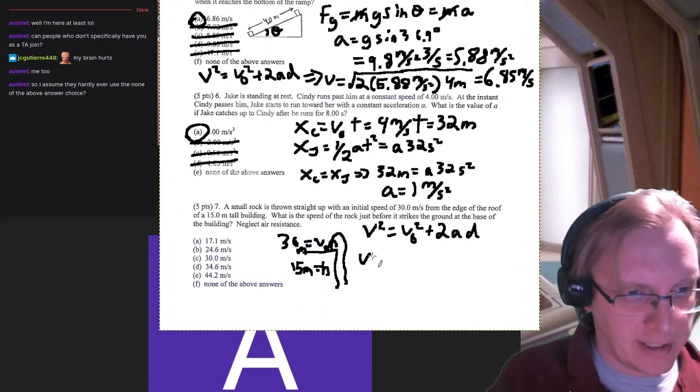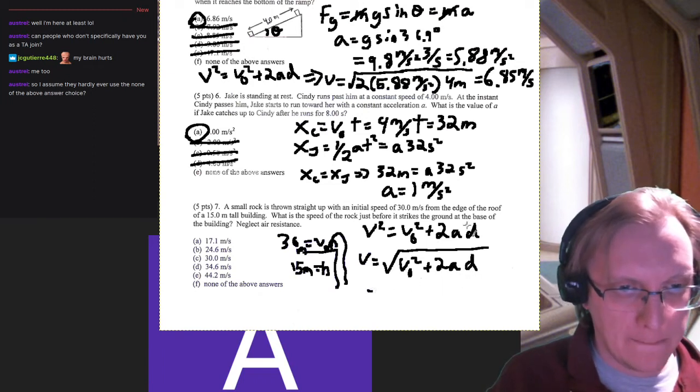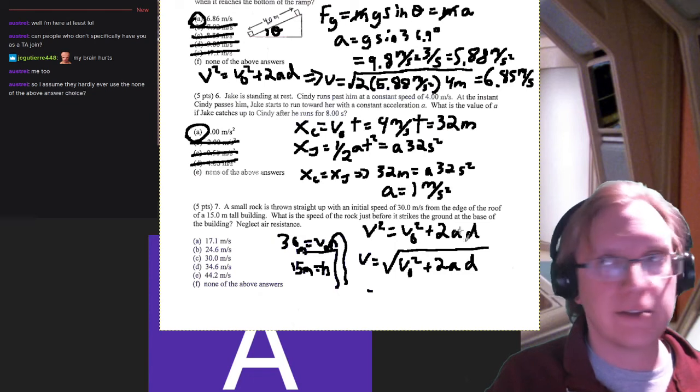Therefore, I know that V is equal to the square root of V naught squared plus 2AD. We do need to be careful with the A and D because they can, in principle, turn out to be negative.